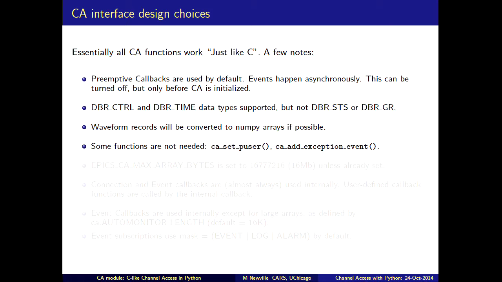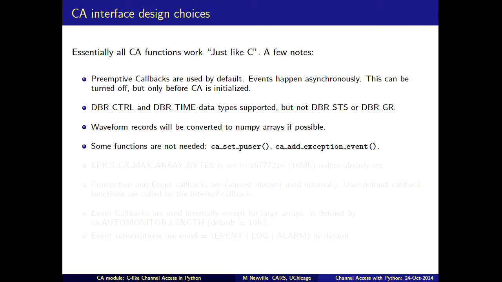Many of the things I'll show you later depend on the asynchronous behavior. And the channel access C library supports many data types, and only two of them, the control and the time variant, are supported within PyEpics. That's because we're not really trying to save a couple of bytes by using a little bit less memory.